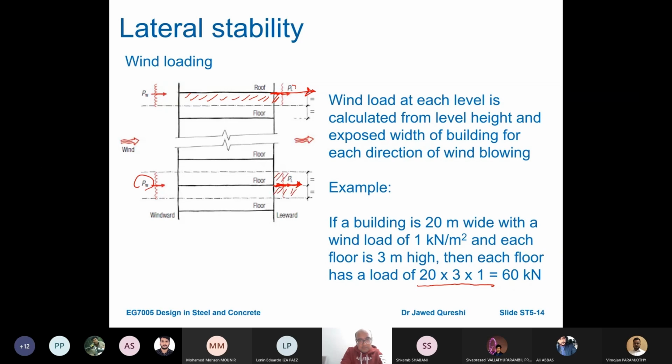So this wind force is going to cover these two heights, half height above and half height below. If the height of each floor is say 3 meter, then obviously it's fine, you just take 3 meters. If this is 3 meters and the bottom one is 5 meters, then you simply take the average. Half of 3 is 1.5, half of 5 is 2.5, so you simply add them up. That's how we work out wind loading.